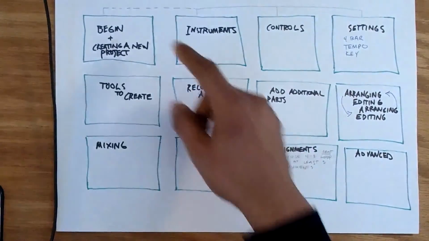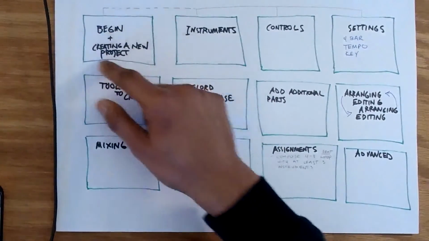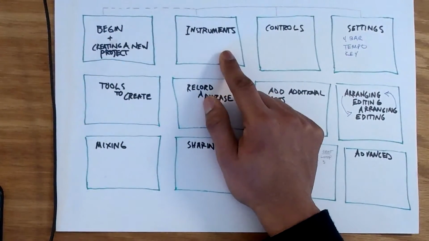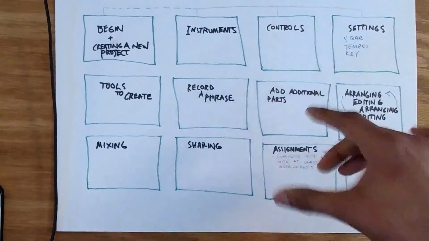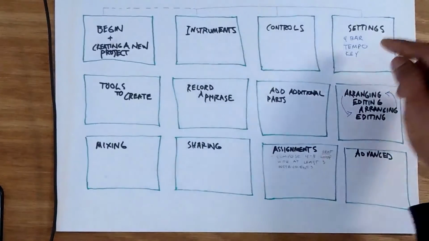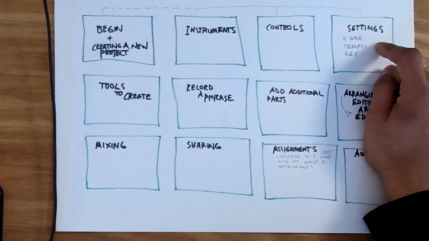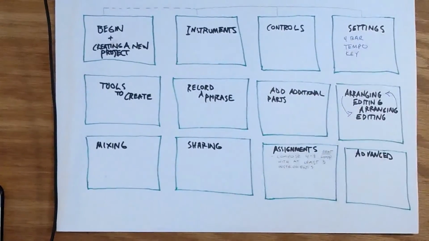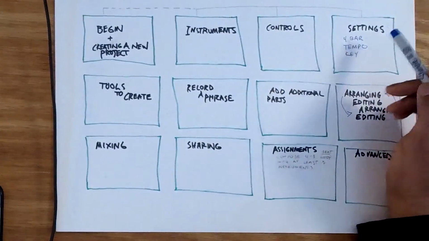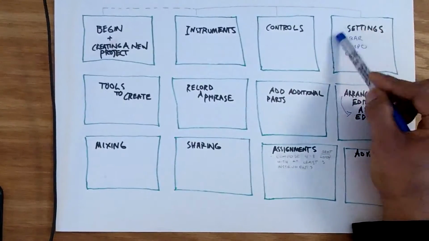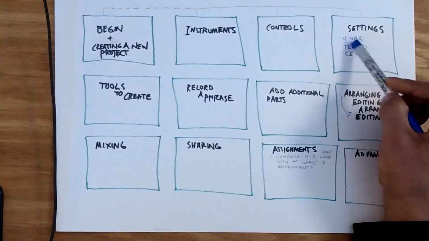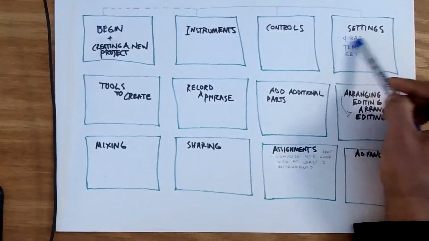Cool. So we began a new project. We added some instruments, right? We learned how to control those instruments within the track. We changed some settings to suit us. One thing I'm kind of adamant about at this point is that we want to start using 4-bar loops, just because I think it's easy to maintain and easy to keep an account of what's going on.